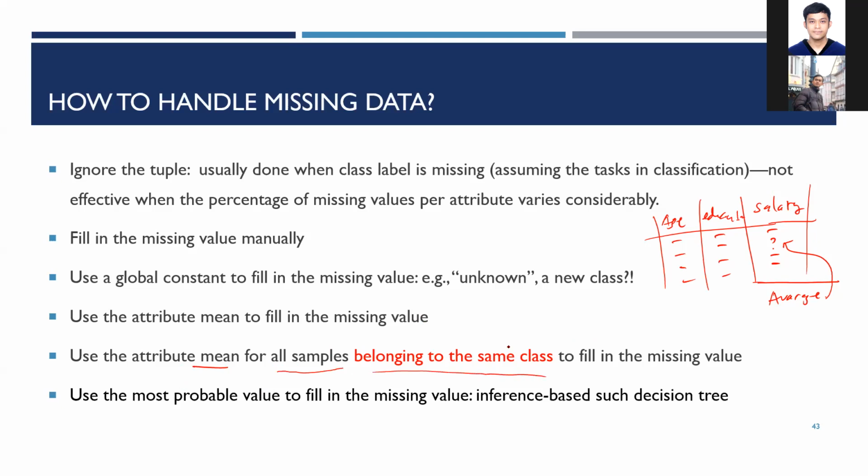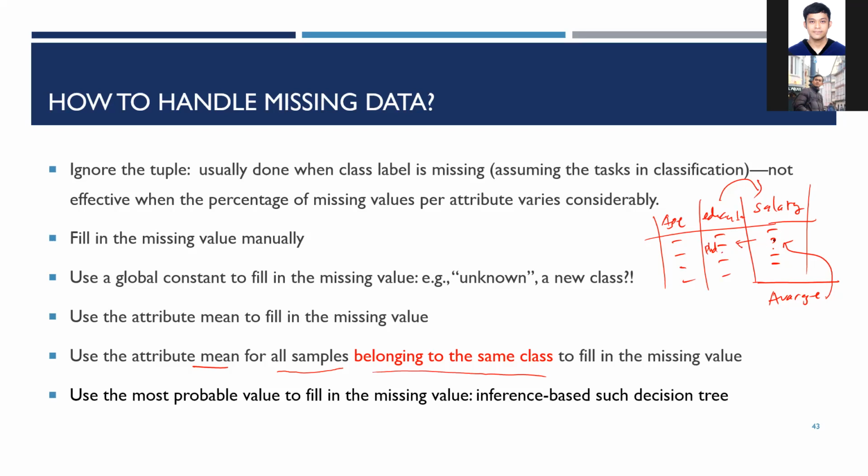For example, in our hypothesis, education will influence the salary. So instead of averaging all of these values, we first see for this missing value what the education is. For example, this is PhD.